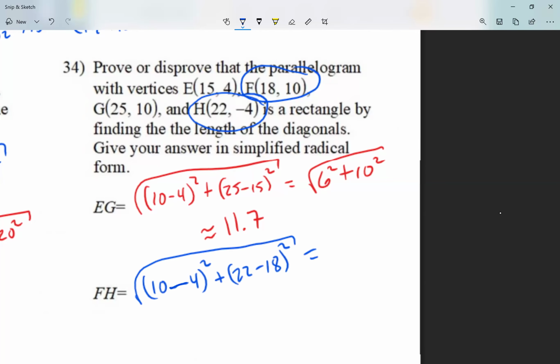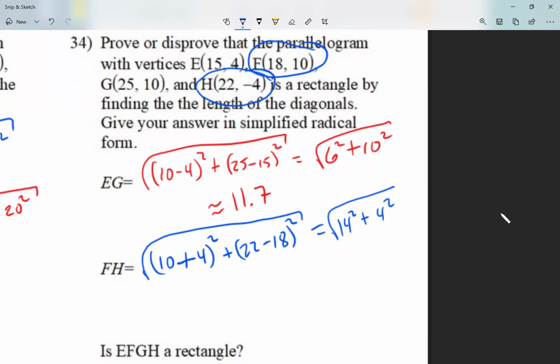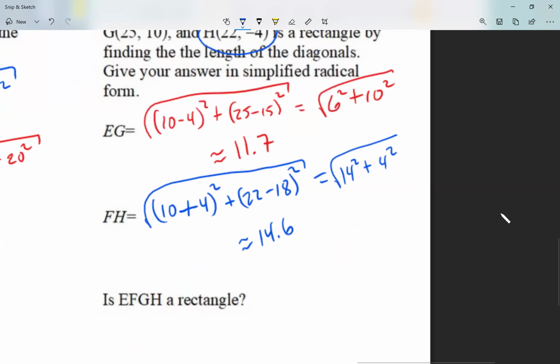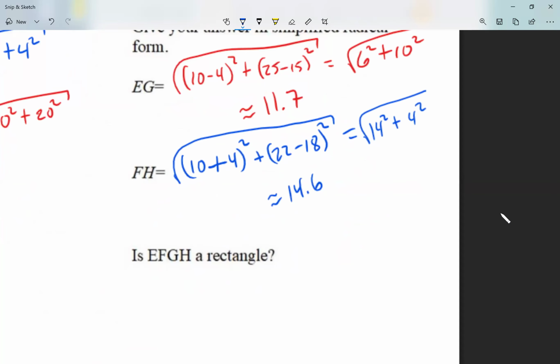Now, first parentheses, those two negative signs become a plus sign. So I have 14 squared plus, I know 22 minus 18 is 4, so 4 squared. So I have the square root of 14 squared plus 4 squared. Type it on my calculator, and it gives me about 14.6. Oh, the lengths are not the same. They're different lengths. So is EFGH a rectangle? No.